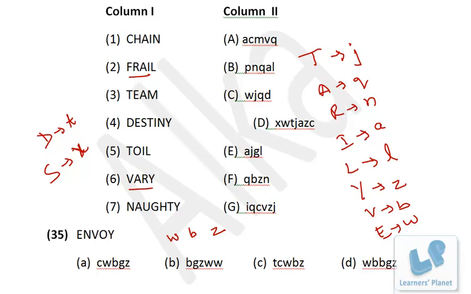In the first option we have W, B, Z. Here W is repeated, but in this word no repetition is there, so it's incorrect. Here we have W, B, Z, and here W, it's incorrect. Now see, T is the code that is given to D, right? But we don't have D over here. That means it is also incorrect. So we are finally left with the correct choice.